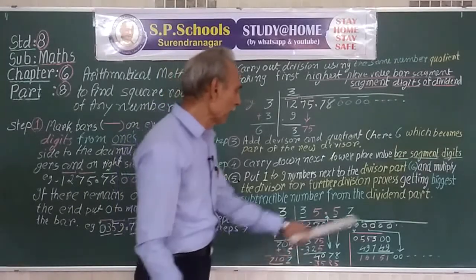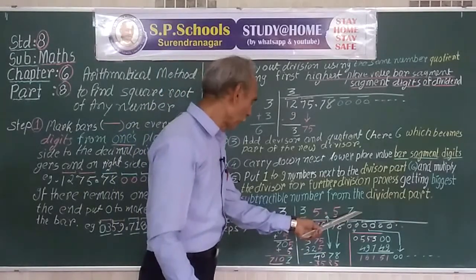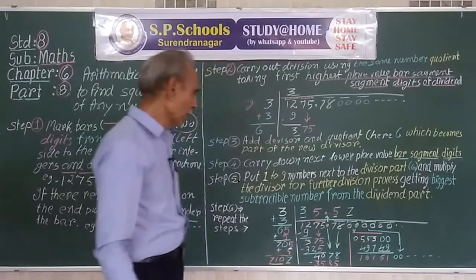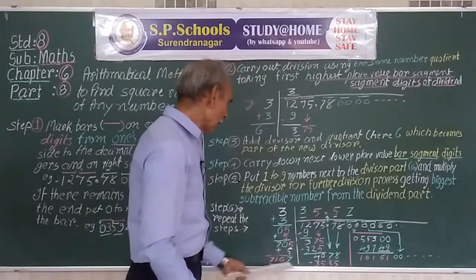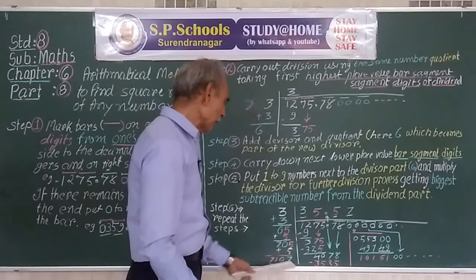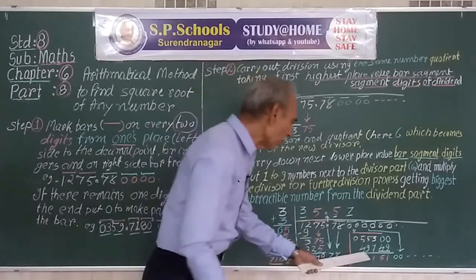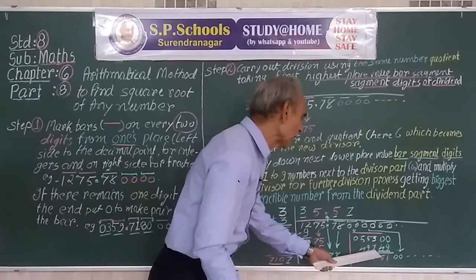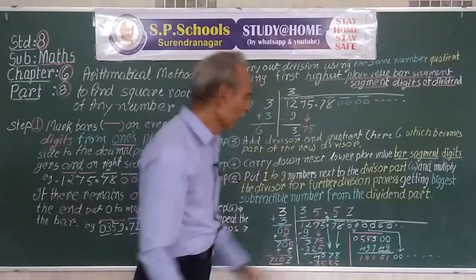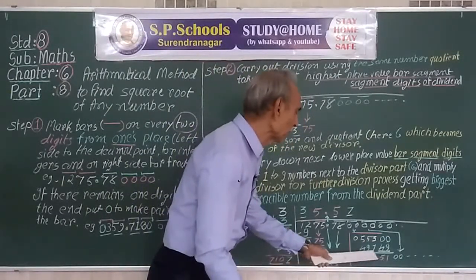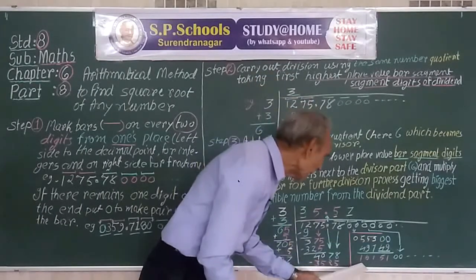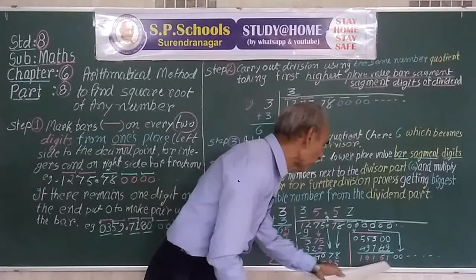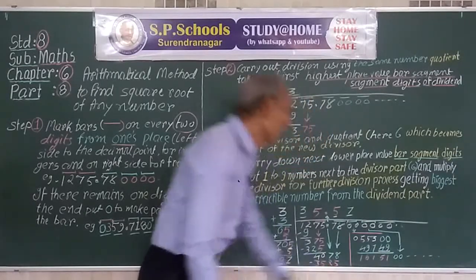Put 7 here as the quotient digit. Multiply 7107 by 7, we get 49,749. Subtract 49,749 from 55,300, we get 5,551, the remainder.